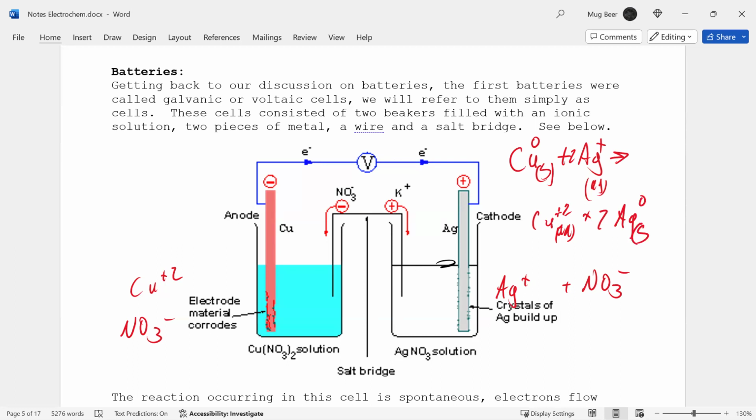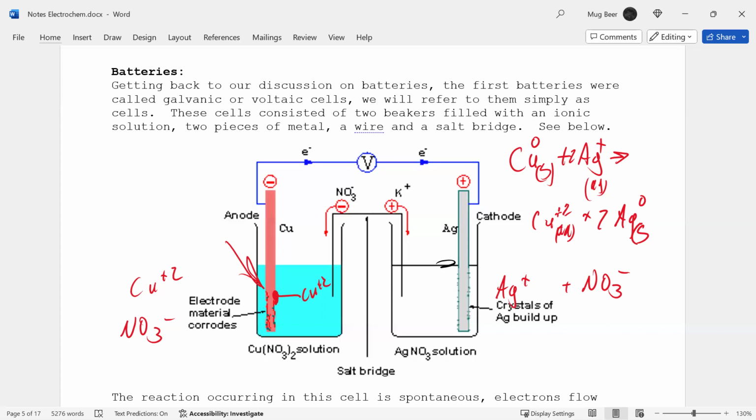So what's happening to this copper electrode here? It's dissolving. The copper atoms that are right here on the surface go from being copper metal to being copper ion, making the solution more blue. During the course of this battery's running, this solution here will become much more blue.